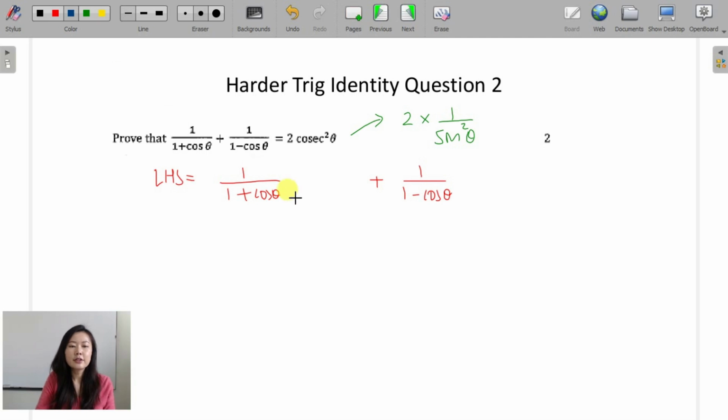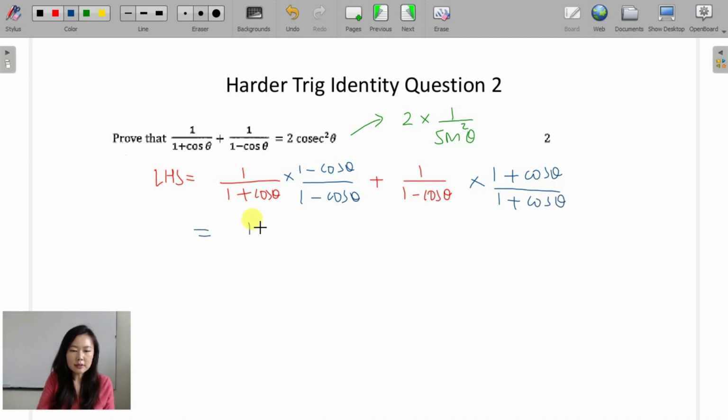Okay, so you need to make it one fraction. The common denominator needs to have both elements because they're different. So you multiply the relevant ratio, top and bottom. All right, so that's looking good.